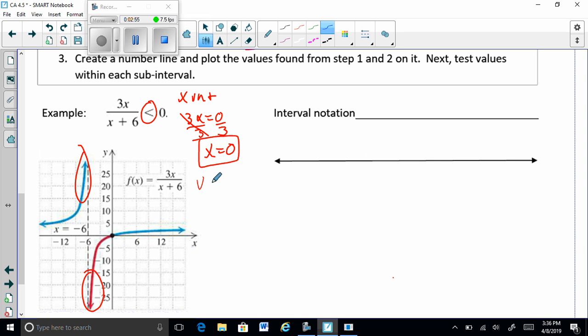Then my vertical asymptote, you take the denominator and set that equal to 0 and solve. So let's see. So the vertical asymptote is going to be at -6. So now we can go ahead and mark it. So we have one at -6, and we have another key point at 0.